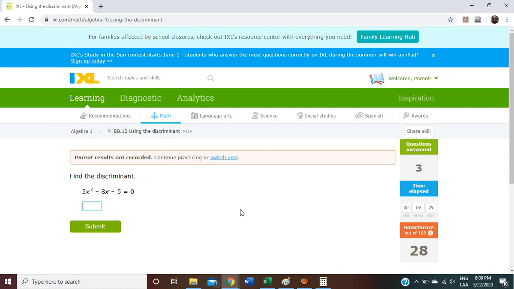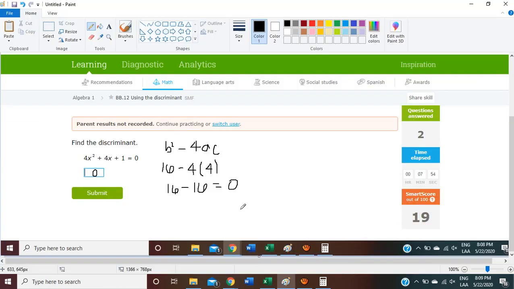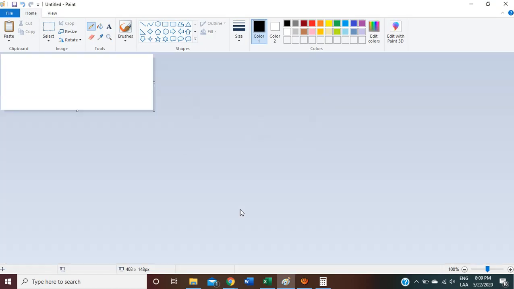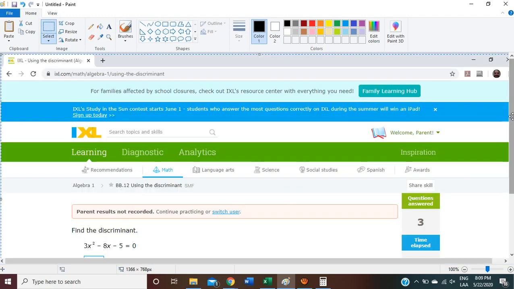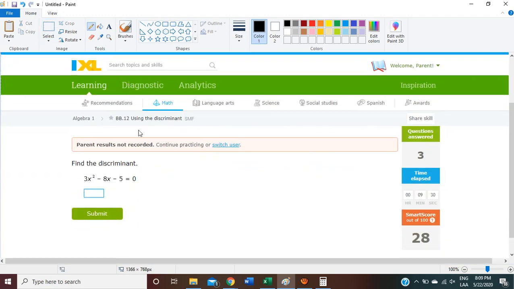For this one, let's print the screen to copy it into a new one. b squared minus 4ac. In the next one I am not going to write the formula again, to be faster. b is negative 8, so negative 8 times negative 8 equals positive 64.